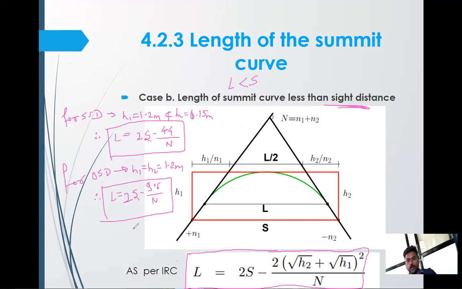2s minus 4.4 divided by n and 2s minus 9.6 divided by n. Okay, so these two will be our generalized formulae for SSD and OSD while calculating the length of a summit curve. This formula is for calculating the length of summit curves.